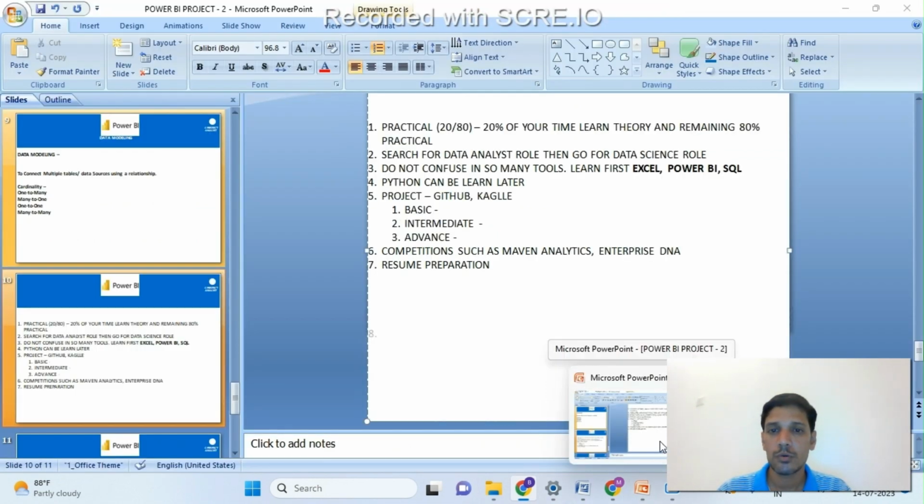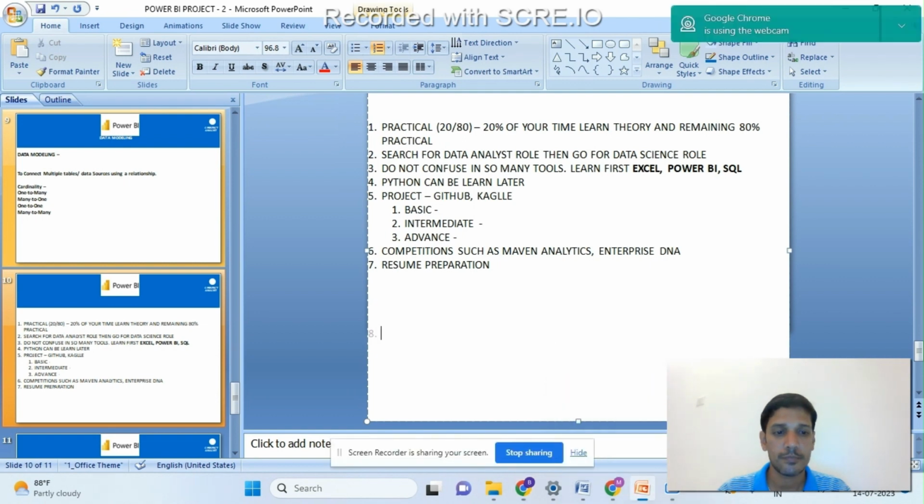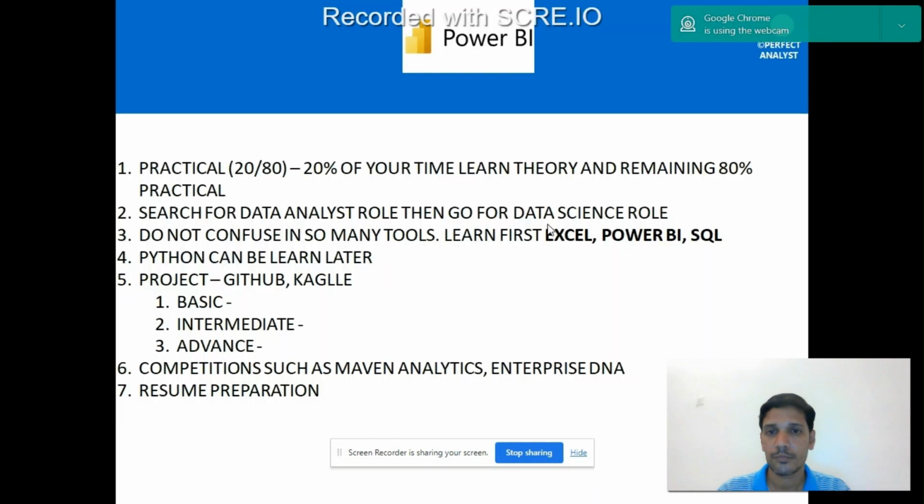So this is about these points. Do not get confused with so many tools. Learn first Excel, Power BI, and SQL. So the next point is competitions such as Maven Analytics and Enterprise DNA.